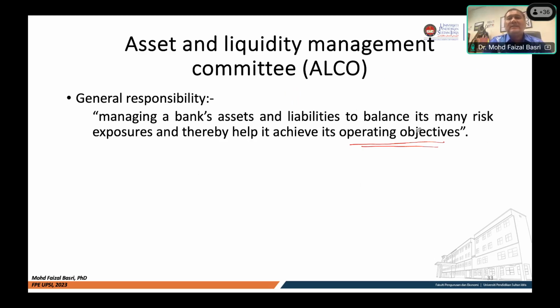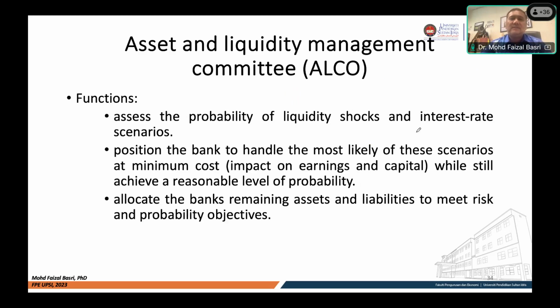So who decides these strategies and this policy? This ALCO decides. These are the functions, basically to ensure liquidity and also profitability at the same time. As I mentioned, the keyword is to balance between assets and liquidity.